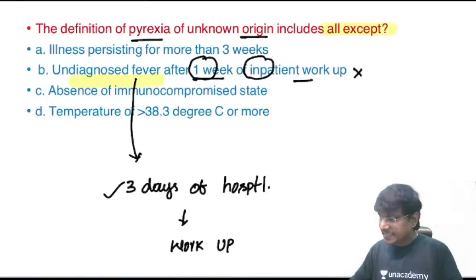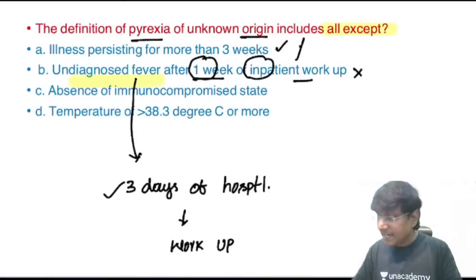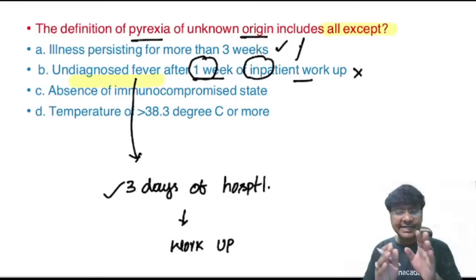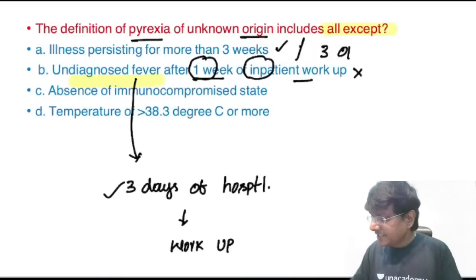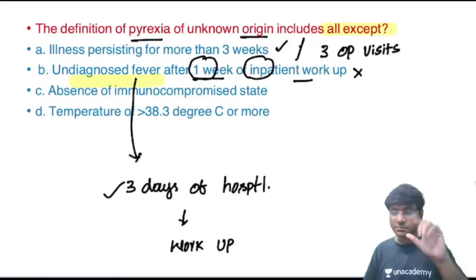Next, illness persisting for more than 3 weeks is a part of pyrexia of unknown origin. And one more: diagnosis of fever not made in spite of 3 outpatient visits. So now you see, there are 3 important 3s.